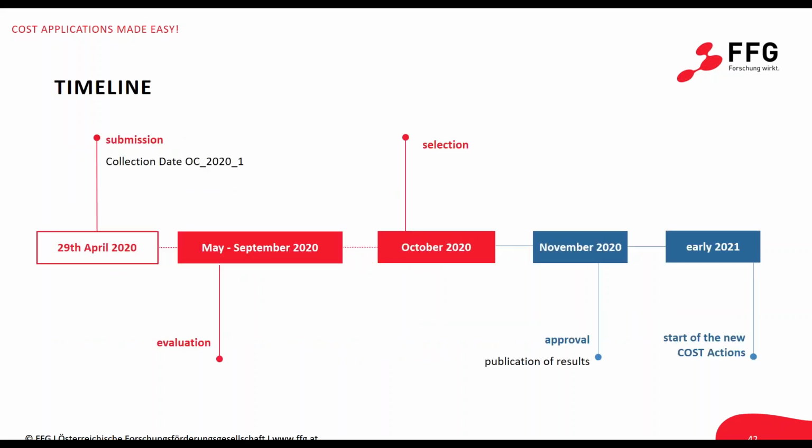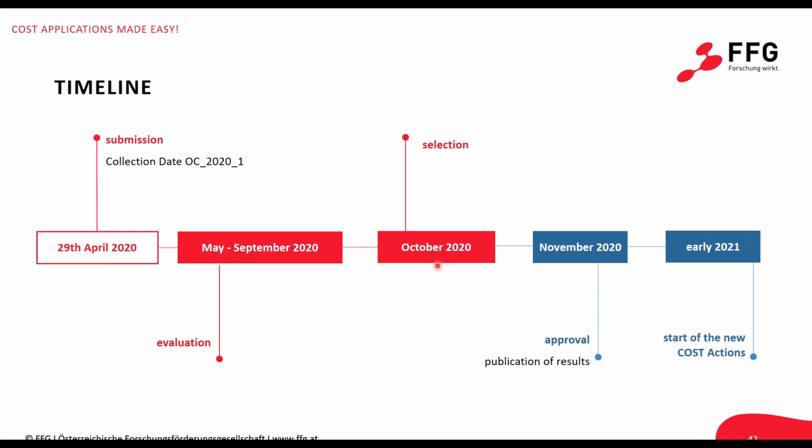Talking about evaluation, here you see the timeline. We are now still a little bit ahead of the collection date on the 29th of April. Between May and September, there will be the evaluation leading to the selection in October. Selection is basically what I said before about the gray zone.